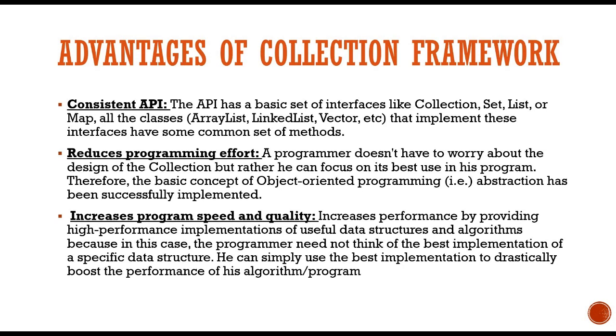API is known as application programming interface. Reduce programming effort: the programmer doesn't have to worry about the design of the collection, but rather he focuses on its best use in his program. Therefore, the basic concept of OOP, which is known as object-oriented programming, abstraction, has been successfully implemented.